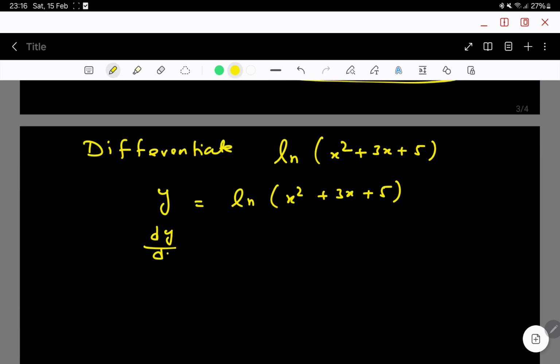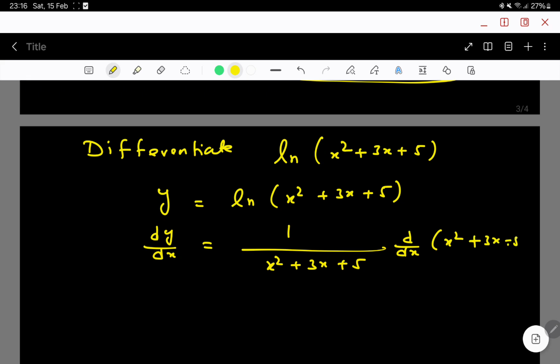So dy by dx is 1 divided by x square plus 3x plus 5, and then differentiating these functions. D by dx of x square is 2x. D by dx of 3x is 3. D by dx of 5 is 0, over x square plus 3x plus 5.